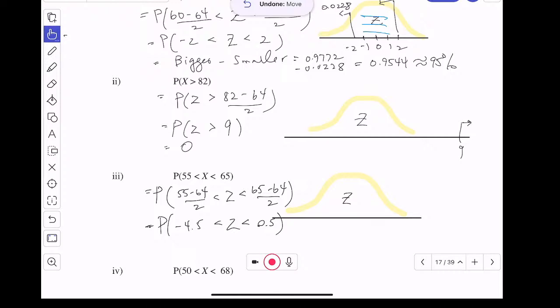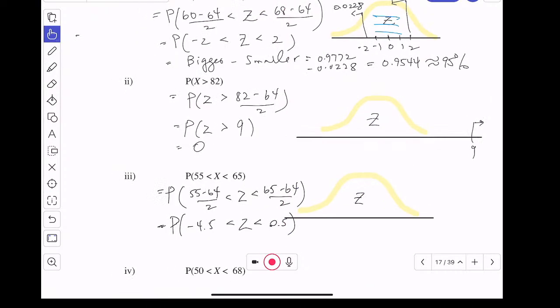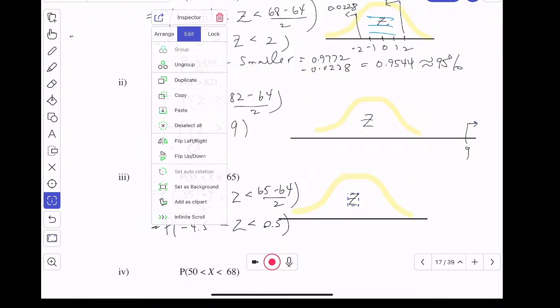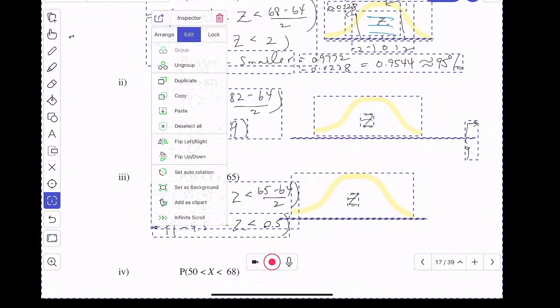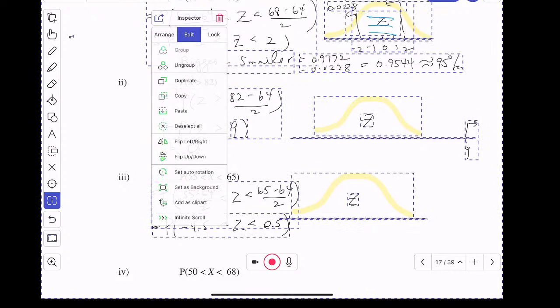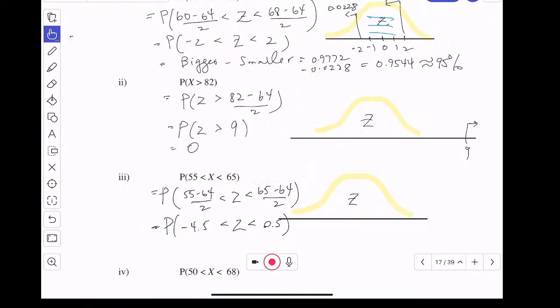Let me see if I can move this over. There.